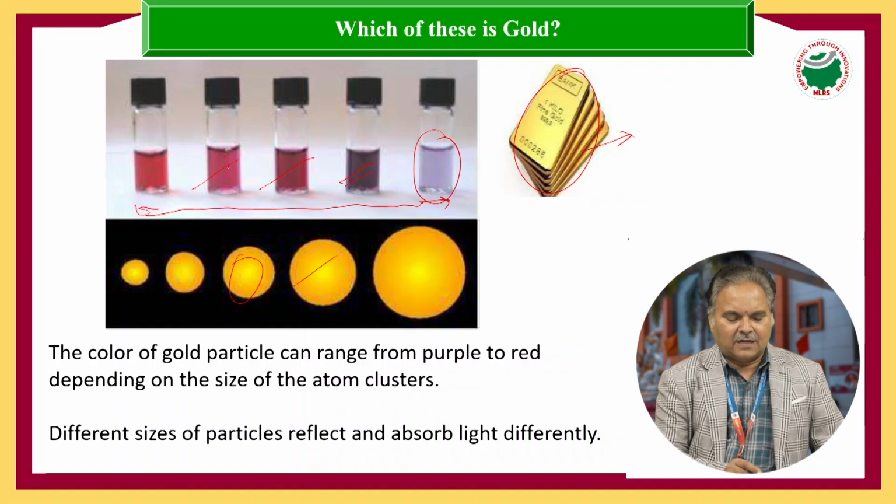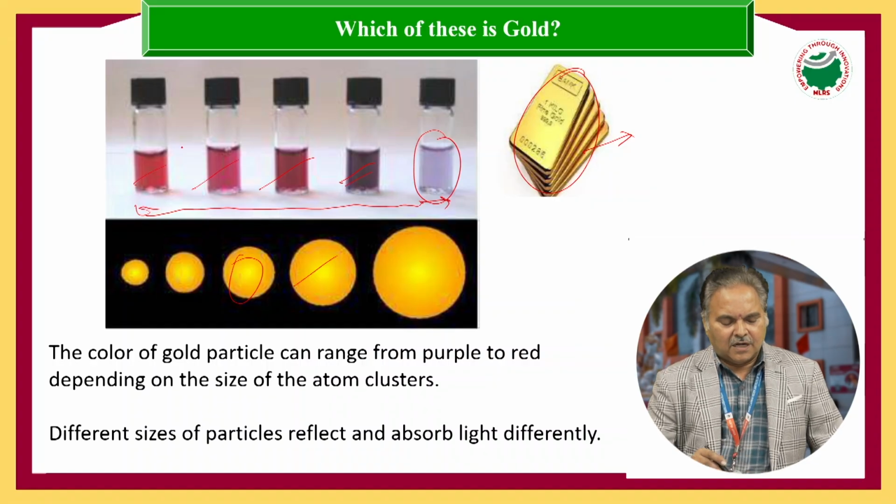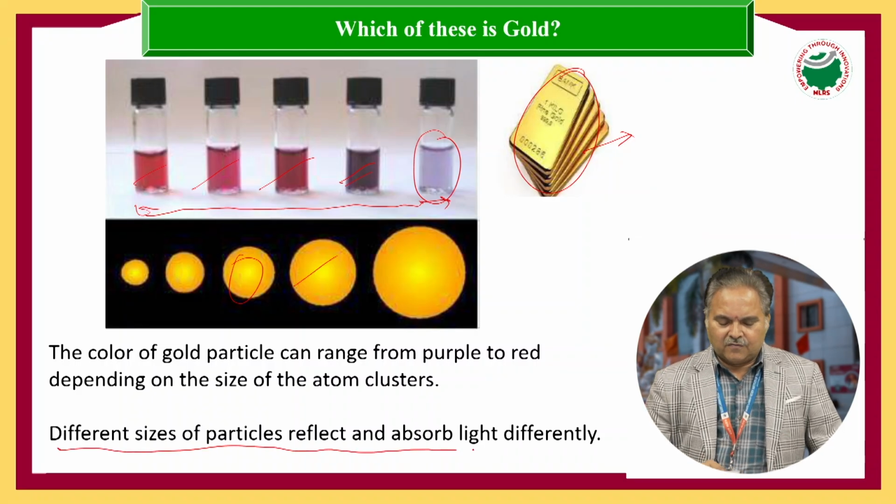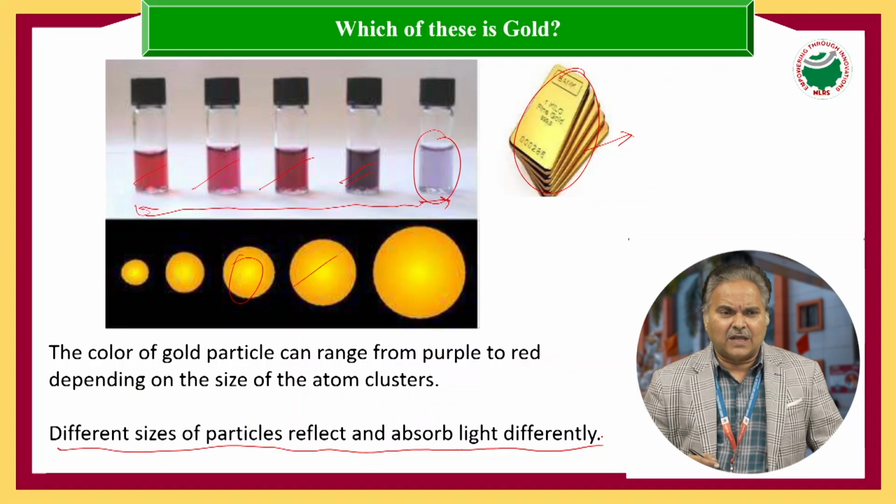Similarly, there is a light red or pink. Like this, different colors are produced while the particle size is reducing. That means at different sizes, the reflecting rays as well as the absorption rates will be different using this same material. It will be gold only, but as the particle size is reduced, you will get different types of colors.